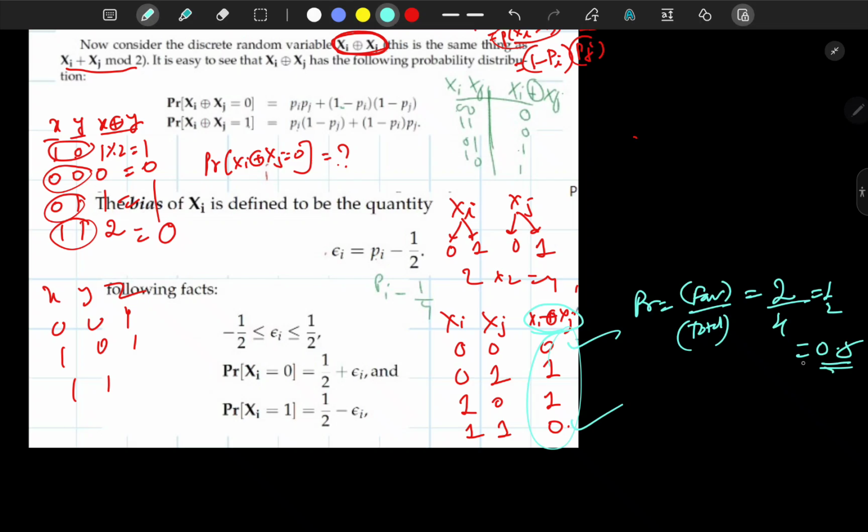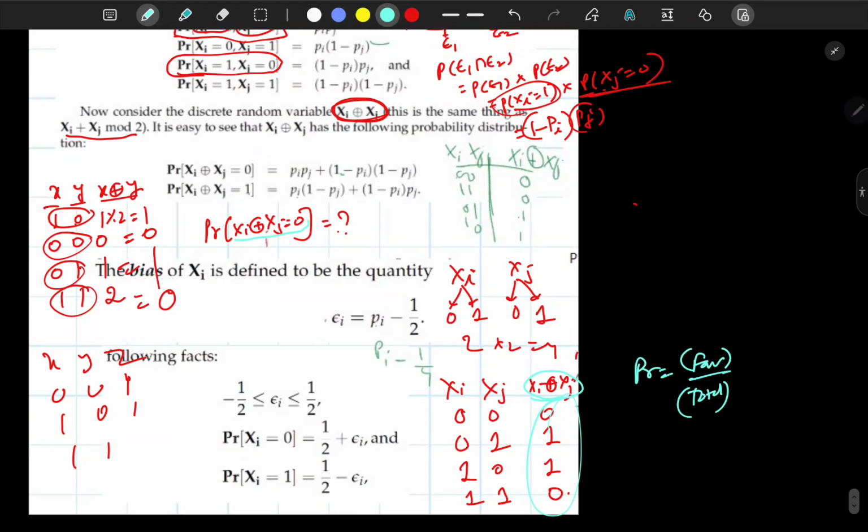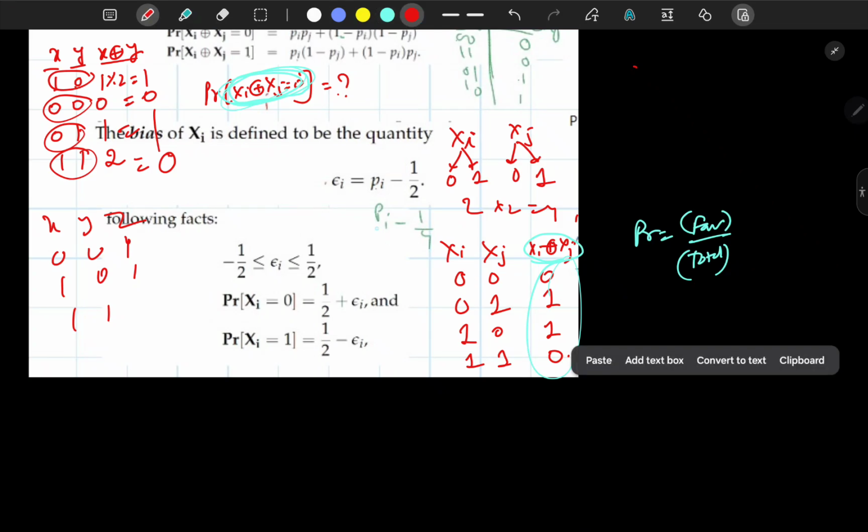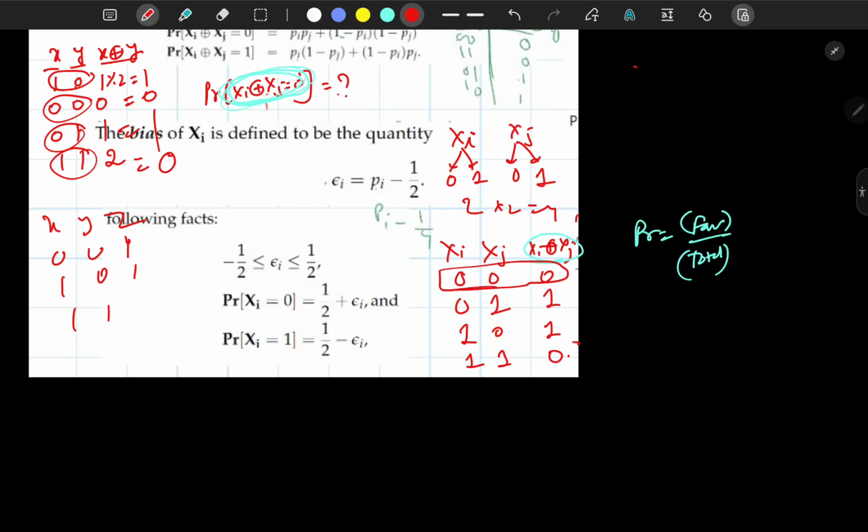But here, just neglect whatever I told earlier. I am talking about the possibilities. In what cases will it become 0? In these two cases, right? 0 will happen. This case and this case.